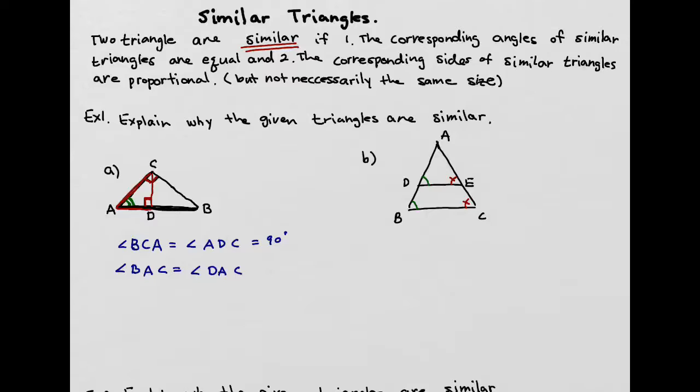It means if two angles are the same, the leftover angle has to be the same. So in other words, angle B should be the same as angle ACD, because that's the leftover angle from those two triangles. So let's say that angle ABC is equal to angle ACD.